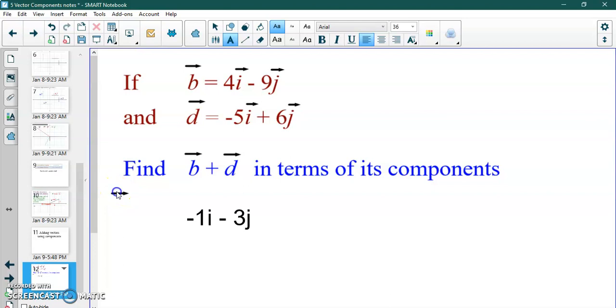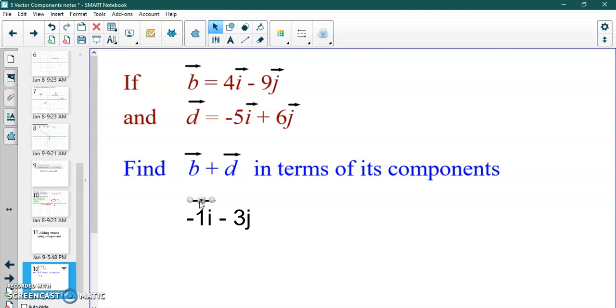So vector b plus d would be equal to negative 1i minus 3j.